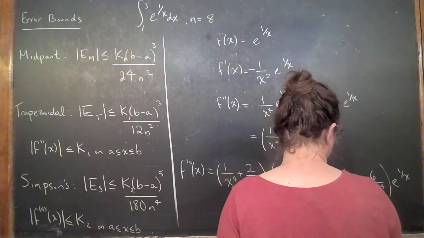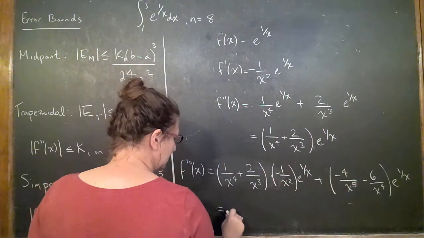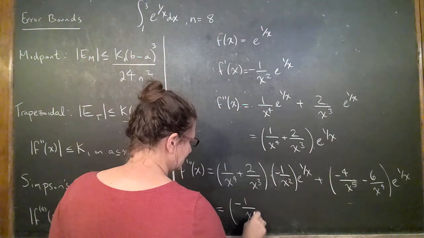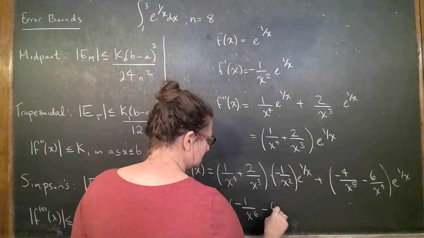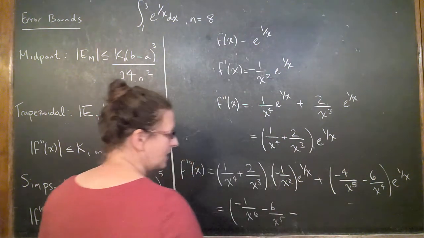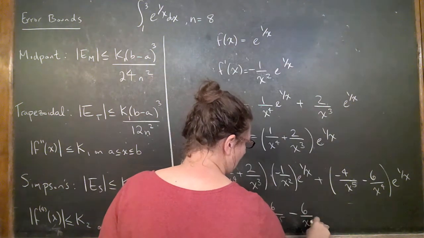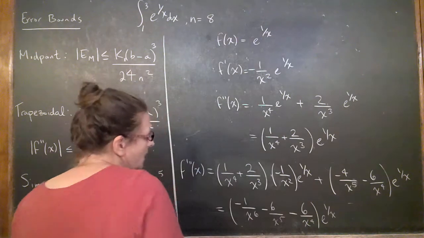That's an x5 here. So if I collect these, that times is going to be minus 1 over x to the 6th, and then there's minus 5 to 6 over x to the 5th minus 6 over x to the 4.